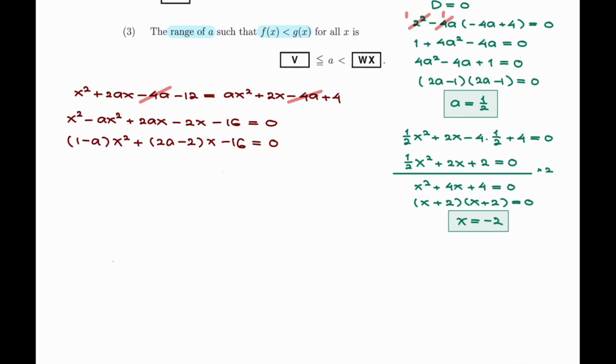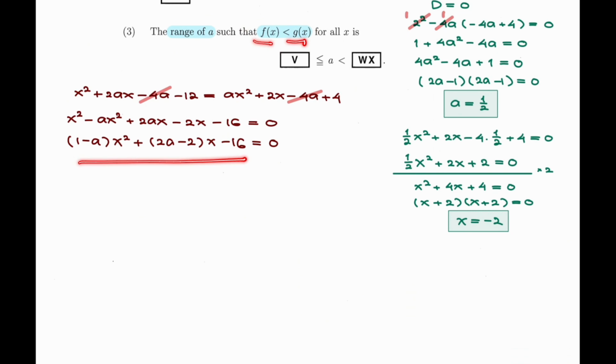Since I do not want this equation to have a solution, because as I said earlier, for f of x less than g of x, f of x does not intersect with g. Since f does not intersect with g, this equation must have no solution.